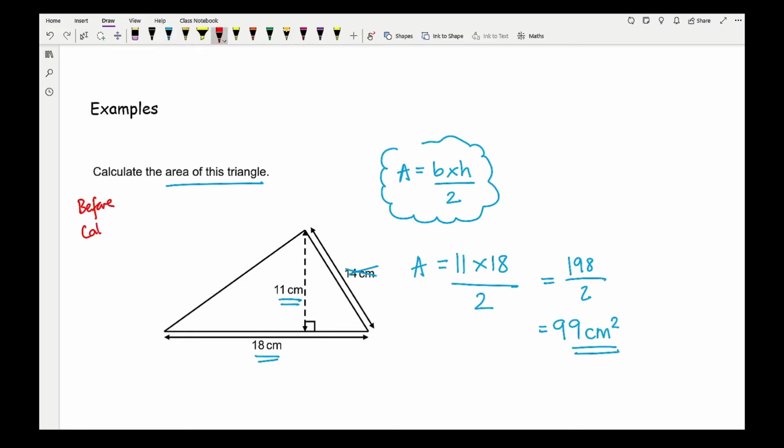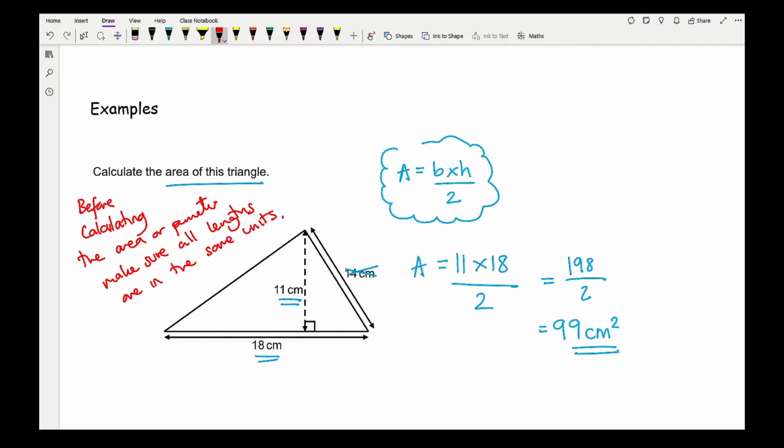Now a key thing to note is before calculating the area or even the perimeter, make sure all lengths are in the same units. If they're not, then all you need to do is make sure that they are.